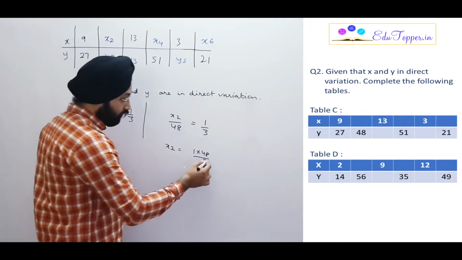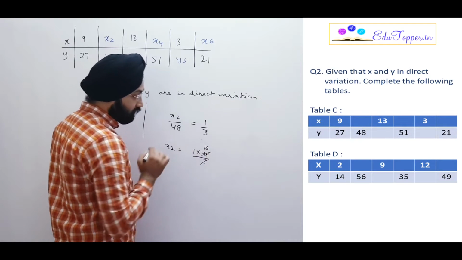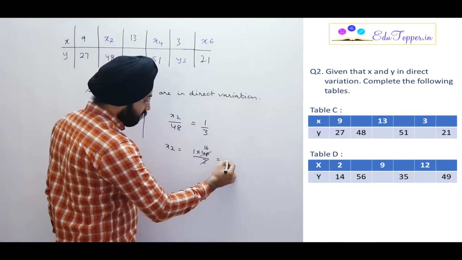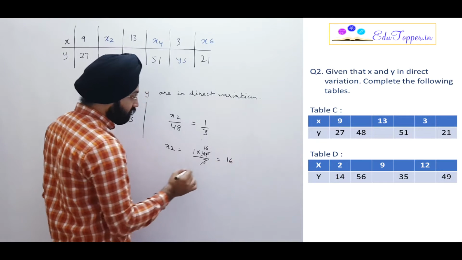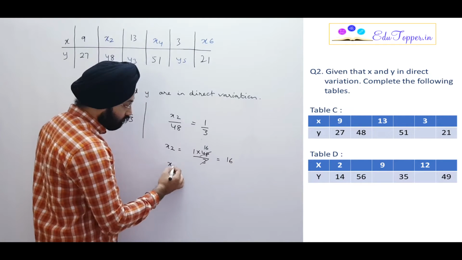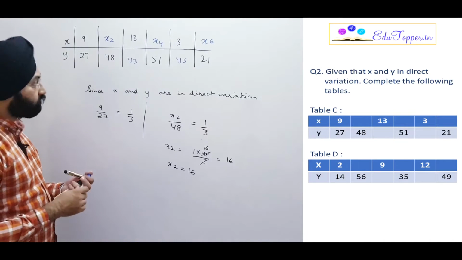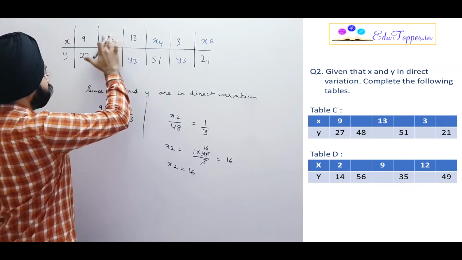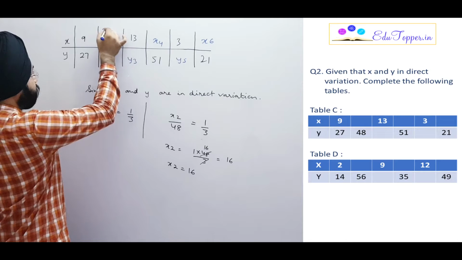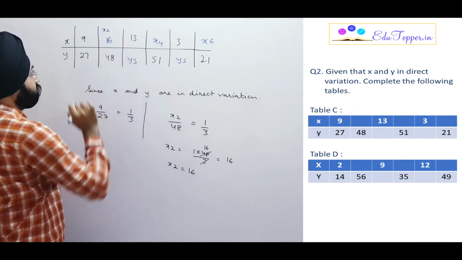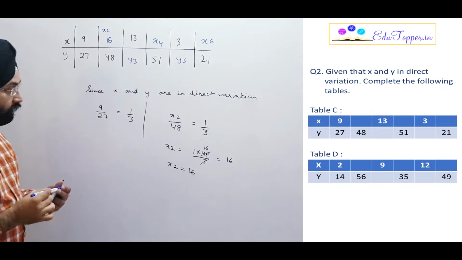So 48 gets cancelled by 3, 16 times, and we get the value of x2 as 16. This is x2, this is 16, right?